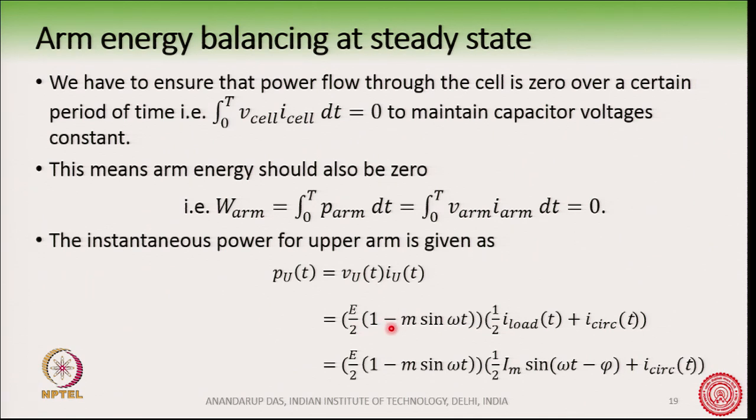What is I u(t)? Just now we had derived, it is half I load and the I circulating. So, we have two expressions here and we multiply them term by term. For each one we expand them and multiply term by term after substituting I load as half I m sin(omega t minus phi), and then again multiply them term by term.